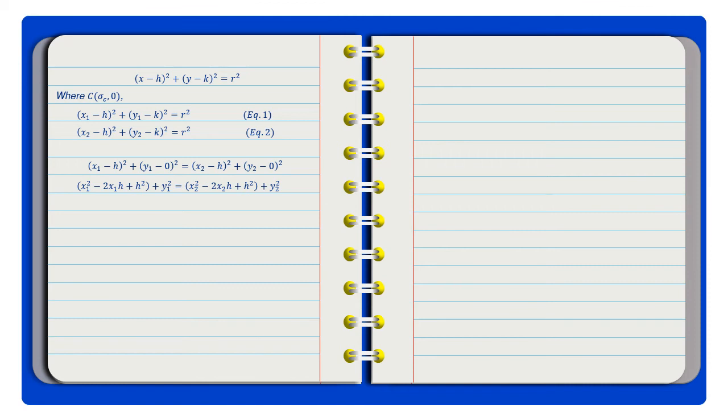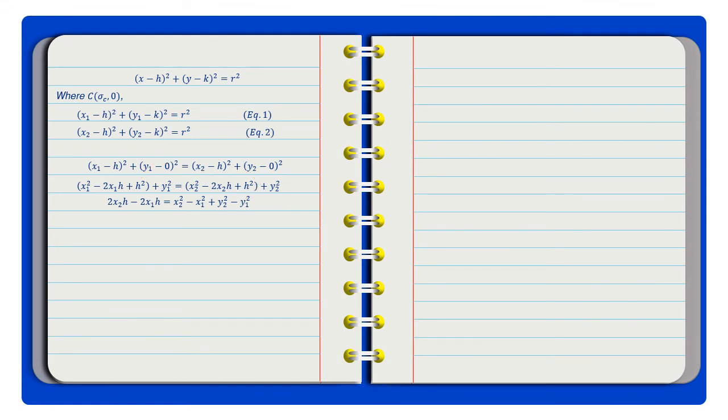So, arranging the terms, iiwanan natin itong mga 2x sub 1 h on the left side. The rest will be transposed to the right side. So, we will have 2x sub 2 h minus 2x sub 1 h, x sub 2 squared minus x sub 1 squared, and y sub 2 squared minus y sub 1 squared. As you can see, magka-cancel yung h squared kasi pag ito, inilipat natin dun sa kabila, it will become negative h squared, may positive h squared dito.